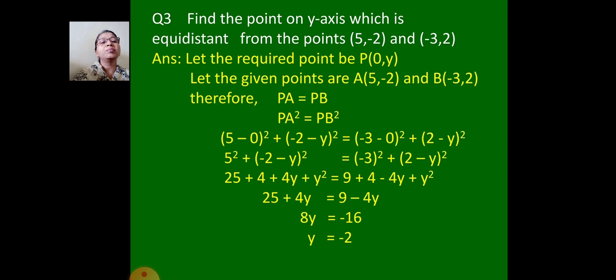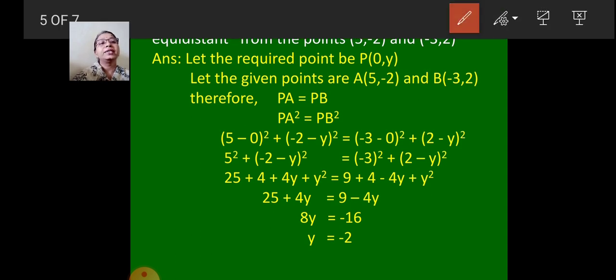So the remaining bracket you expand by using a plus b the whole square identity. So in next step you will get this step, you see this one. 5 square is 25 plus 2 square 4. Minus sign we have already taken out, so it has become 2 plus y the whole square now.